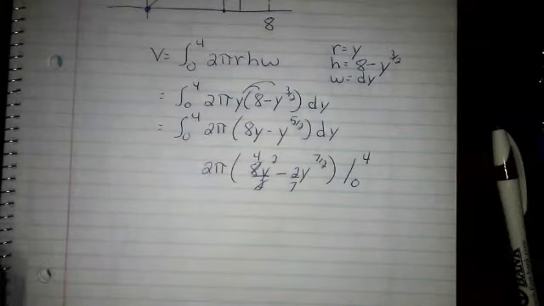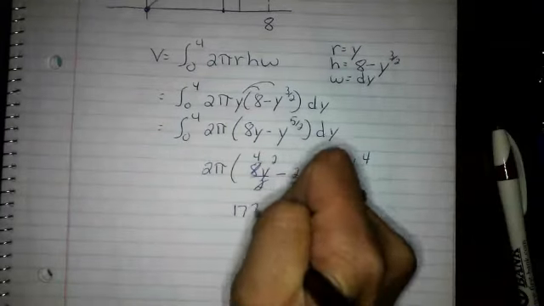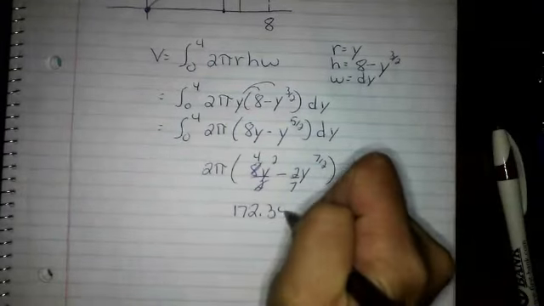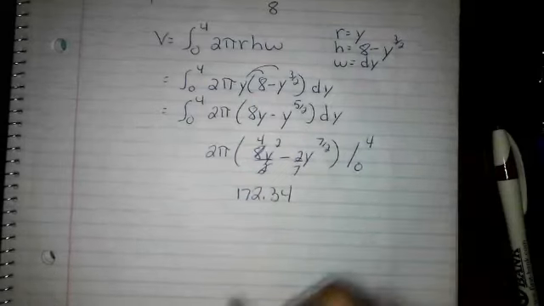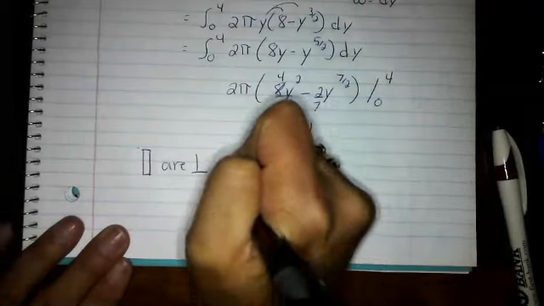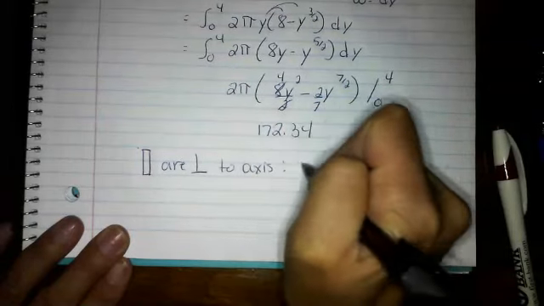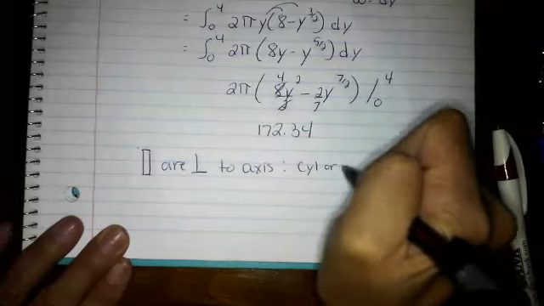Okay, I think you can trust me here. If I plug in and type everything in right, I'll get 172.34. All right. So, in summary, if your rectangles are perpendicular to the axis that you're rotating around, you have cylinder or washer.